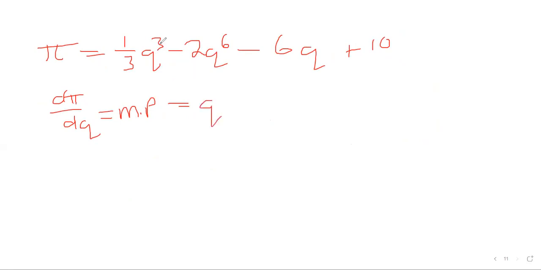So on the 3, we subtract the 1, we get a 2. 2 times 6, we get what? 12. When we subtract 1 from the 6, we get a 5. It is an invisible 1. 1 times 6 is what? 6. When you subtract 1 from there, we get 0. So that's 6 there. The 10 is a constant, so we don't do anything on it.